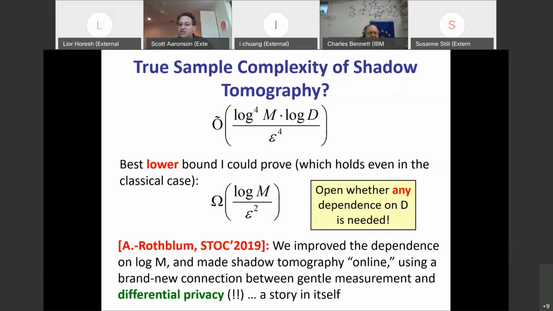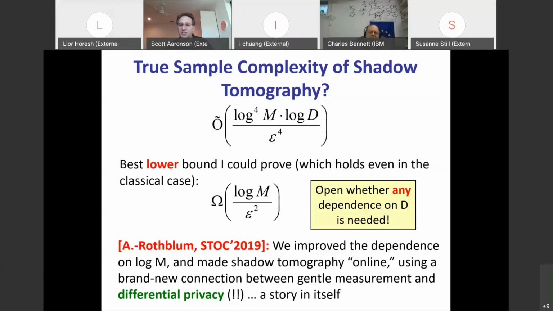The new procedure is fully online, meaning you can just tell the procedure one at a time what measurements you care about. Like E1, it tells you the probability that E1 accepts rho. You tell it E2, it tells you the probability that E2 accepts rho, and so forth. It computes each answer on the fly. Also, this procedure is gentle. After it's done, your copies of rho will be damaged only slightly, and you can reuse them for something else.